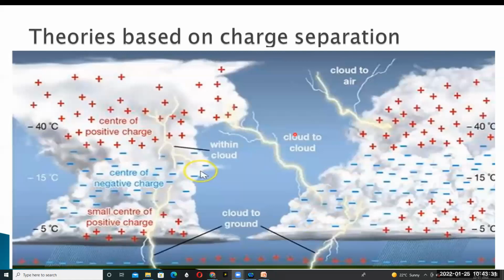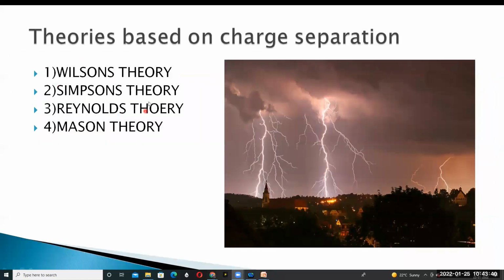Based on these theories, we can understand how charge forms in the clouds. The different theories are the Wilson theory, Simpson theory, Reynolds theory, and Mason theory.